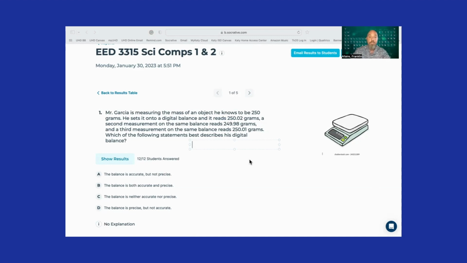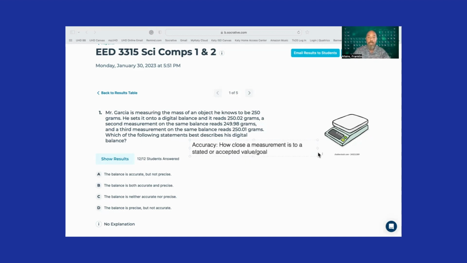So I'd like to start out by giving a definition of both accuracy and precision. Accuracy has to do with how close a measurement is to a stated or accepted value or goal.